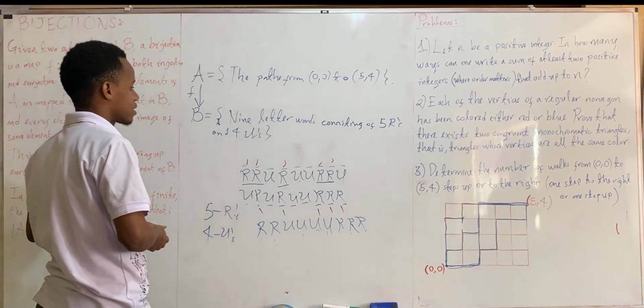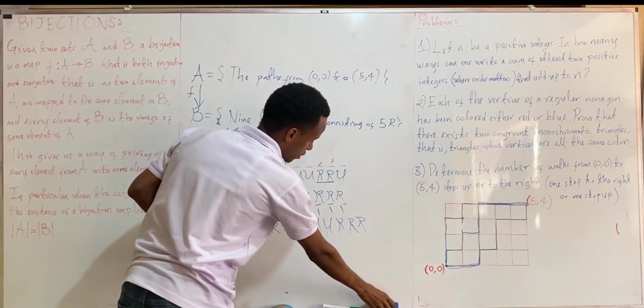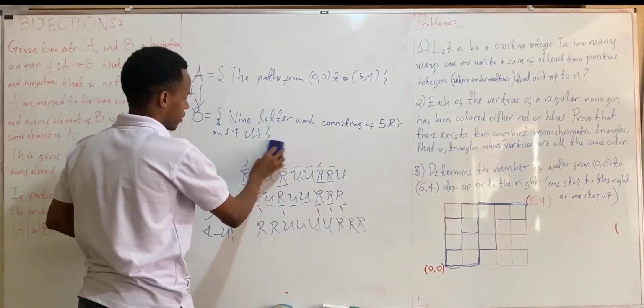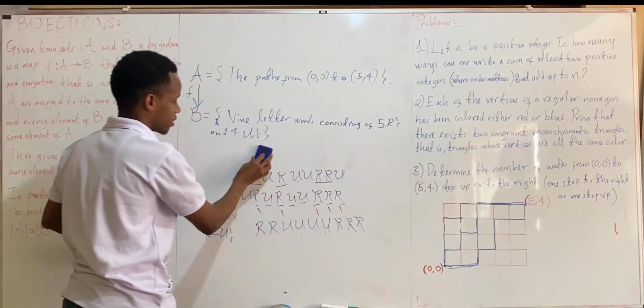Now the set B is easier to count, as we have done in other previous examples.